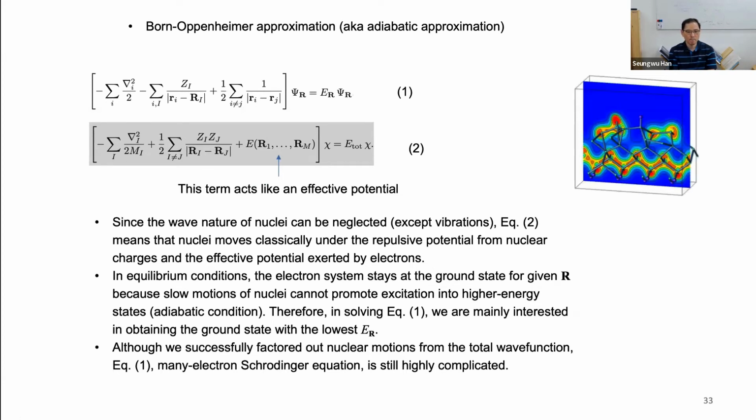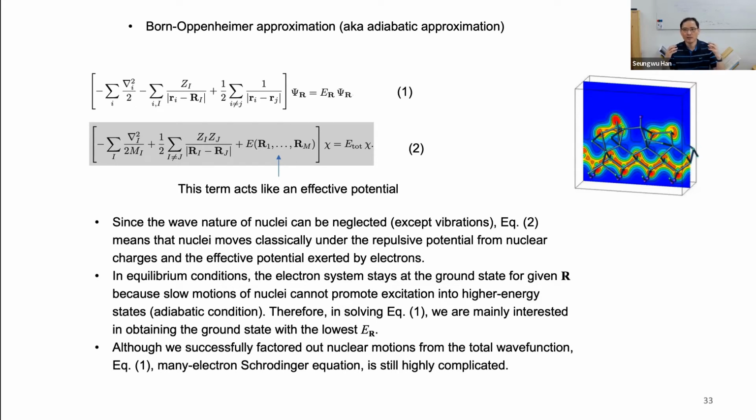Here we separate the nucleus and electrons. The nucleus is much heavier than the electrons. Therefore, to the electrons, the nucleus is moving too slowly. It's almost frozen there, and therefore we only need to treat the electrons quantum mechanically for a given position of the atoms.